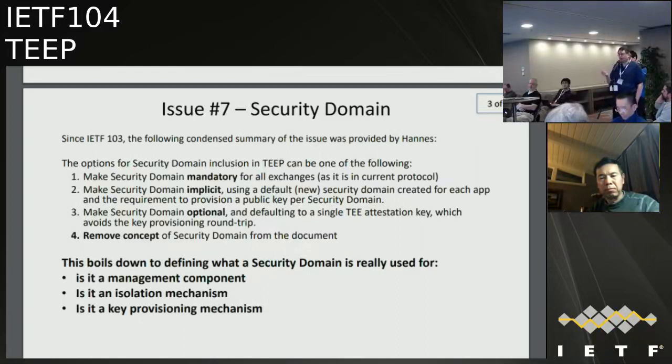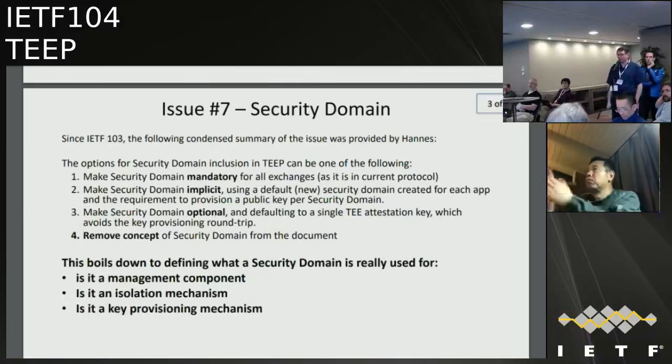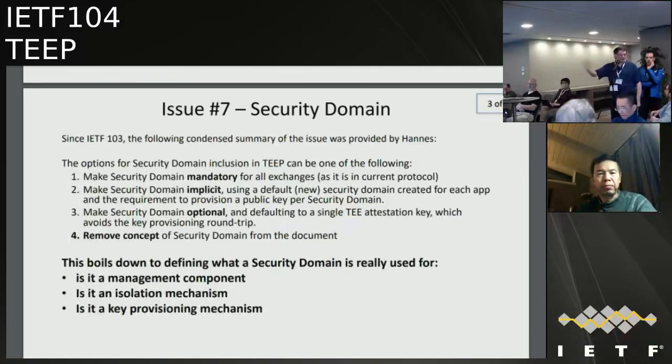I can figure out how to solve all those with these 2 other keys. That's why I would be fine if there was no security domain in the document. But if you want to say, for things that have this notion of security domain, here's what it means for them, you might do X, and you might do Y, there's nothing normative. That would be my preference right now as an individual implementer.